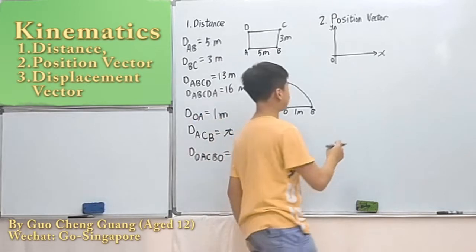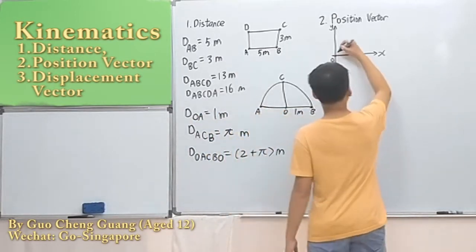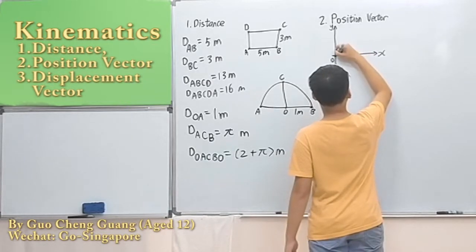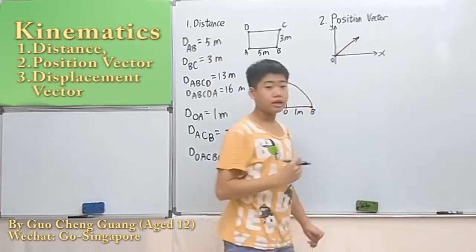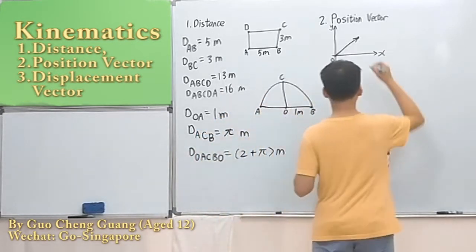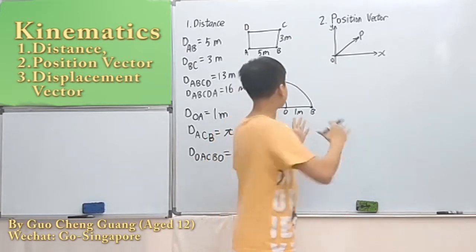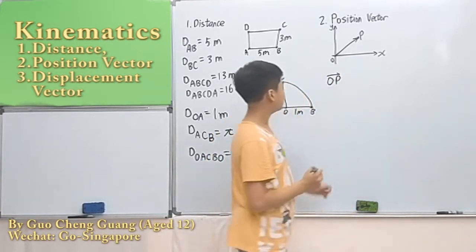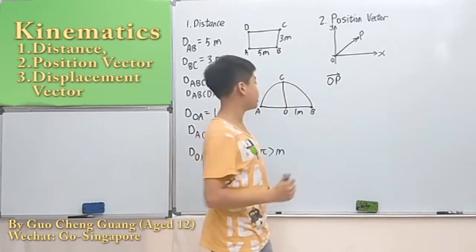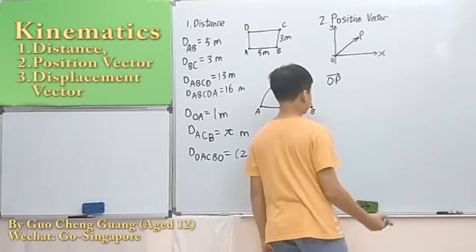A position vector starts from this origin, then reaches out as this vector, and stops at a point P. It goes from O to P with a small arrow at the top. So this part is the position vector.